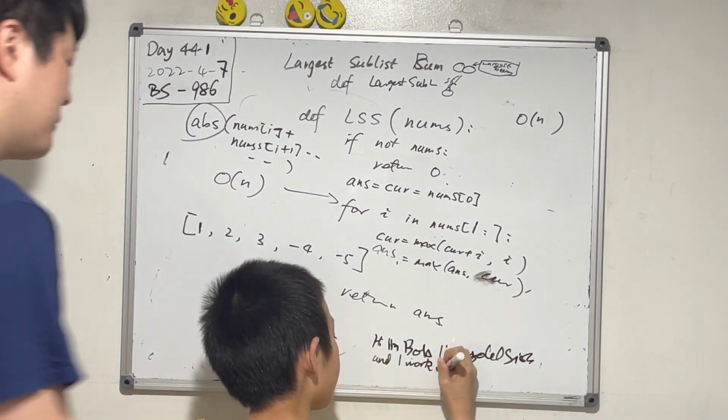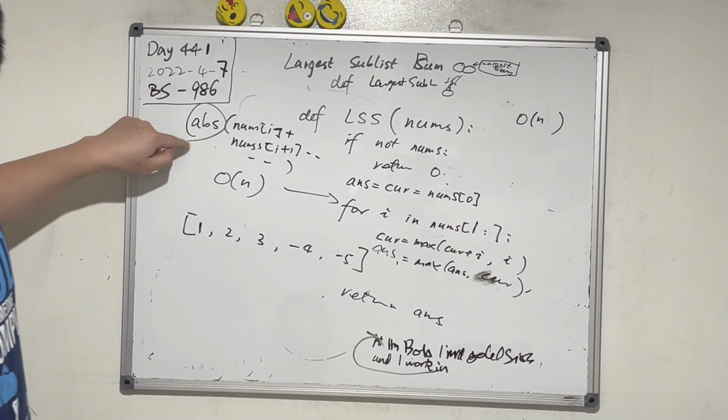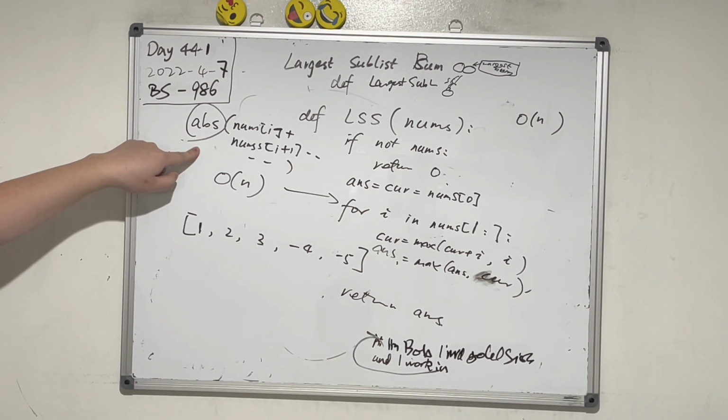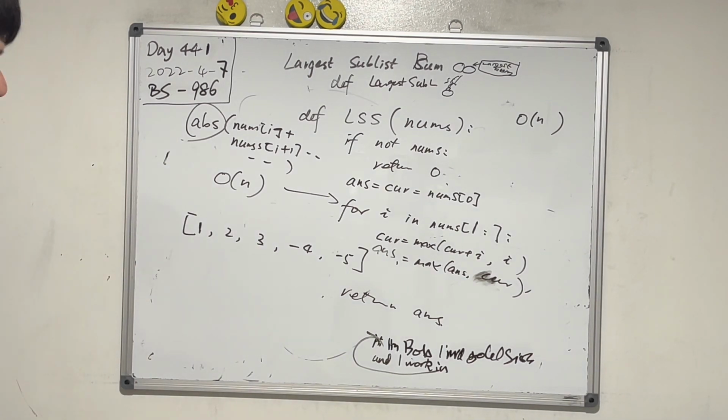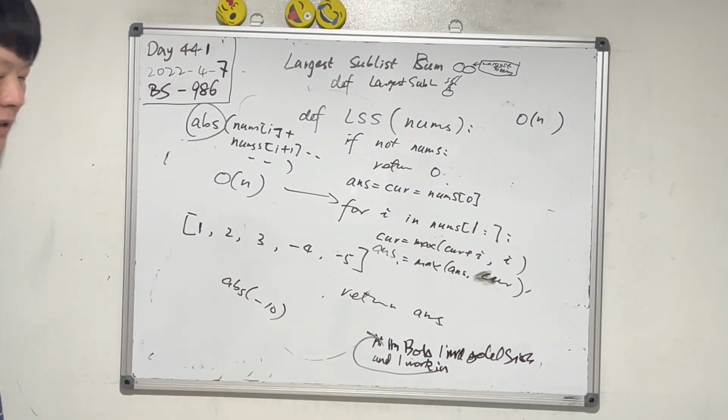What is this absolute value? What does ABS of minus 10 equal?